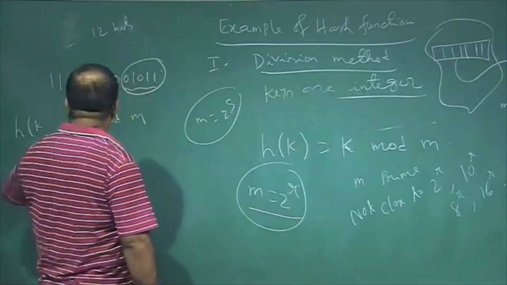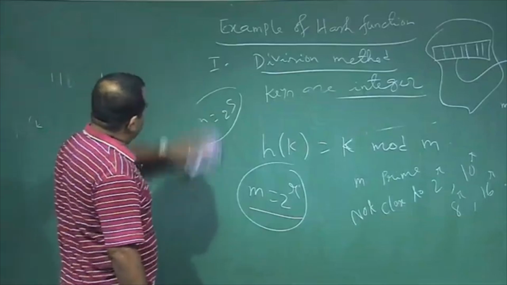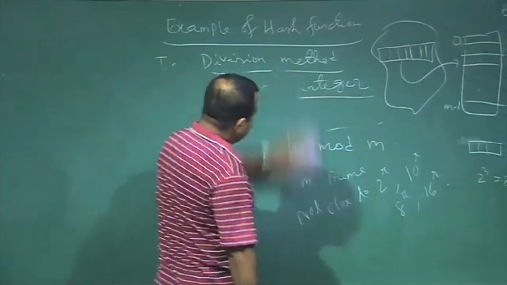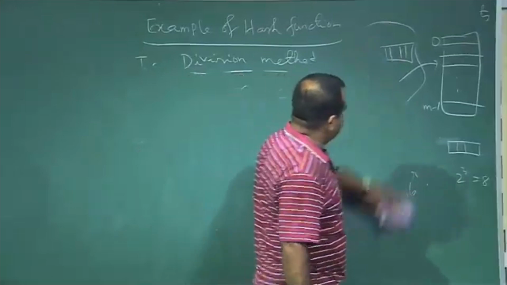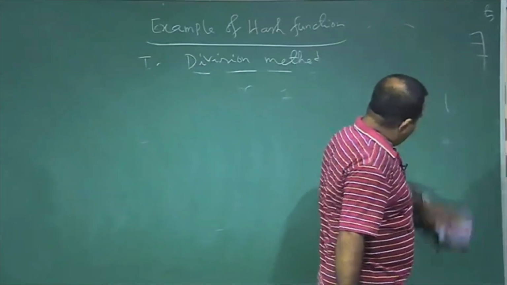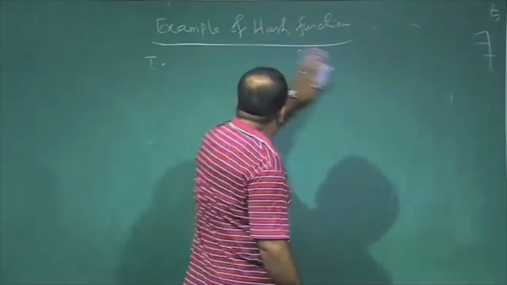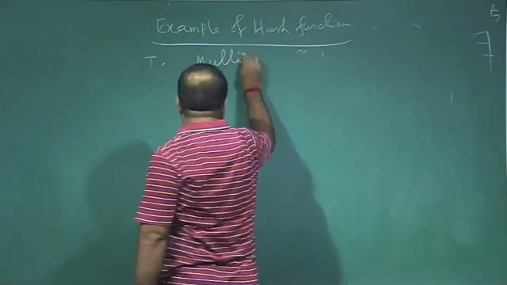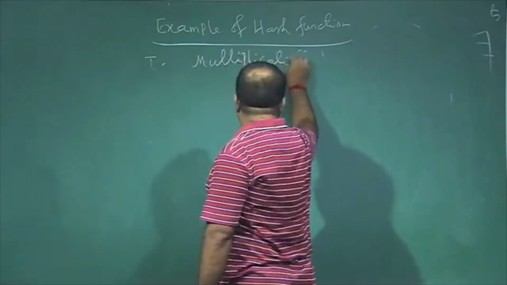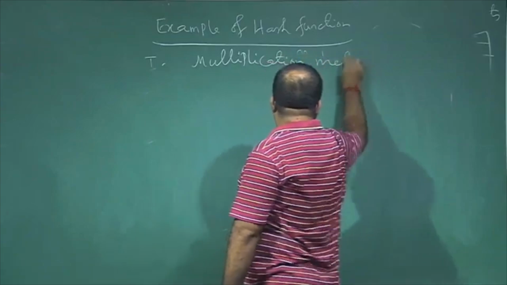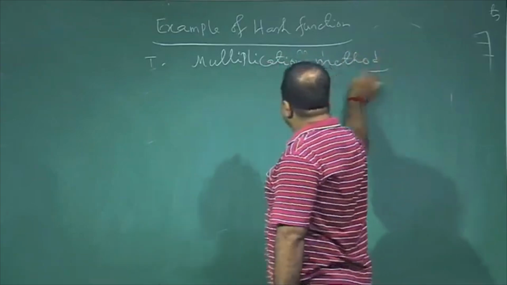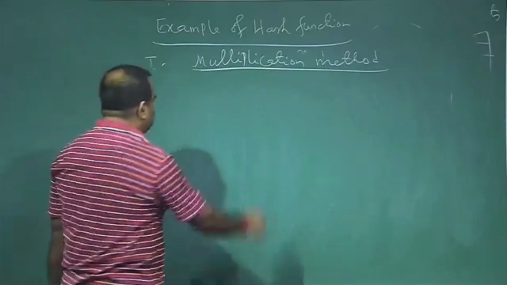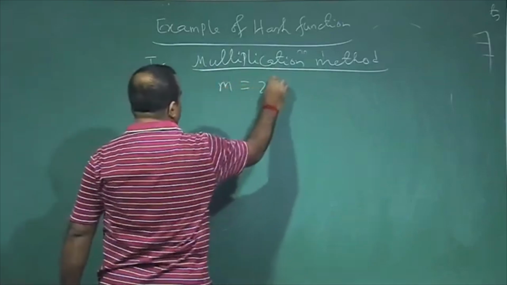Okay, so to avoid this problem, we have the second method, which is called the multiplication method. This is another example of a hash function. In this case, we are allowed to choose m to be 2 to the power r.